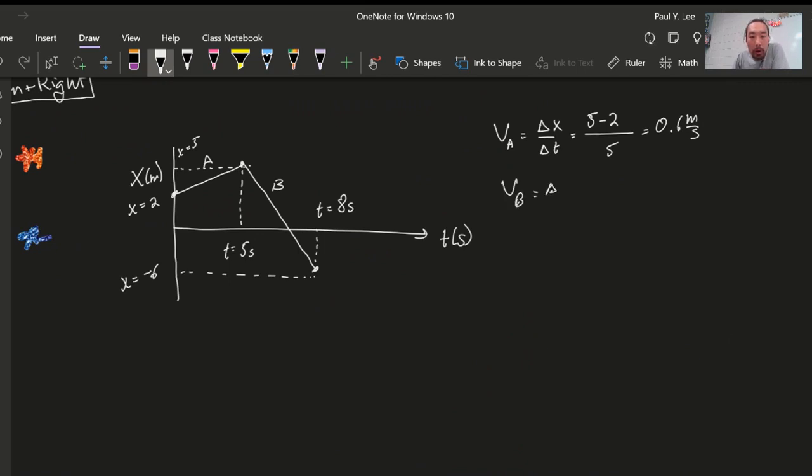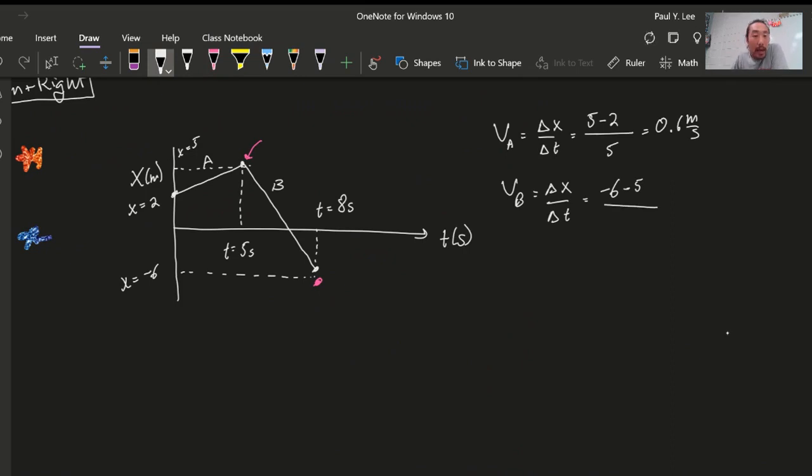The velocity for part B, I always like to start off by writing my formula. It makes things very easy to know where I made my mistake. So my final position would be -6 meters, right? That's down there. That's where I ended up. But I started off at position 5 meters. So it'd be -6 minus 5. And if you're wondering why it's 5, that's because I started right there at the 5-meter mark. Once again, this is a position-time graph.